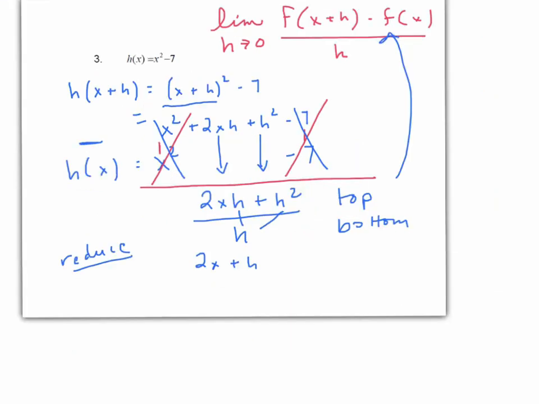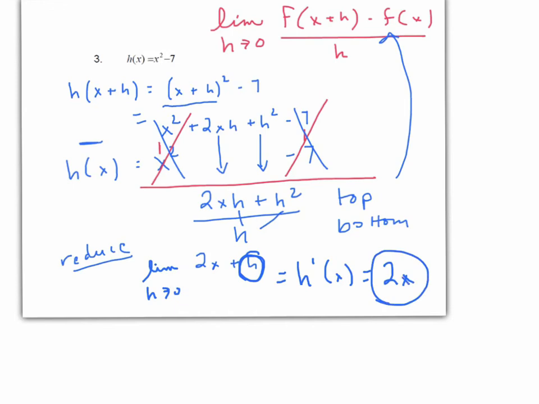Now what we want to do is take the limit as h approaches 0. Again, if I see an h there, I know it's going to evaluate at 0, which tells me that the derivative h prime of x is equal to 2x. And that would be the derivative of the function h of x is equal to x squared minus 7.